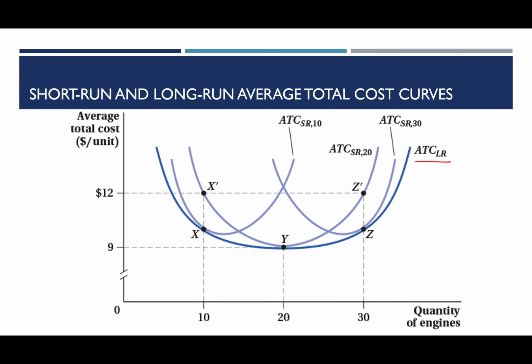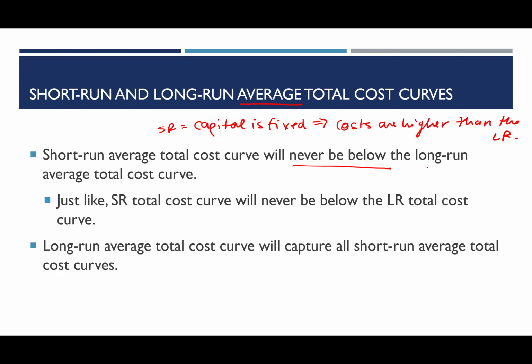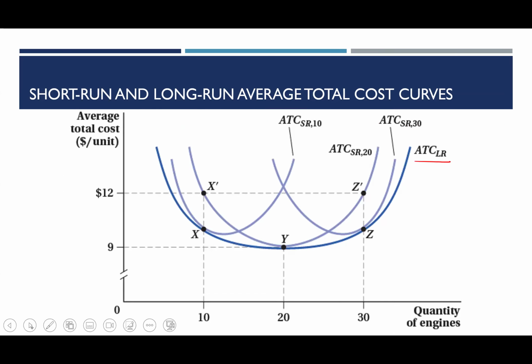For each of our short run average total cost curves, they're defined for a certain level of output. So you can see that our first curve here is the average total cost in the short run for the production of 10 engines, right? And it's this blue curve that I've drawn the 2 dots at the end of, okay? Then we have another one for output of 20 engines and a third for the output of 30.